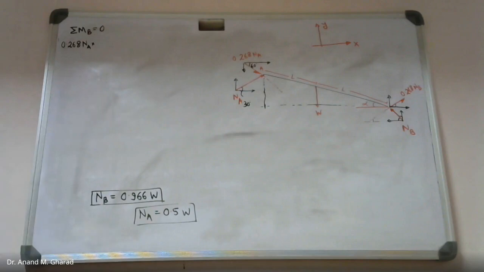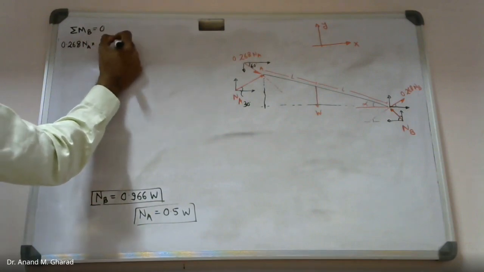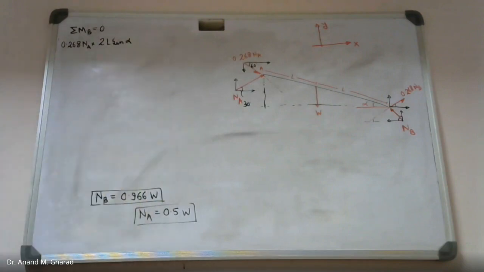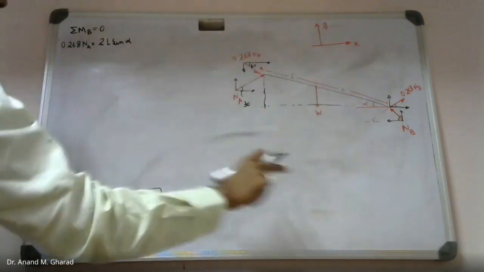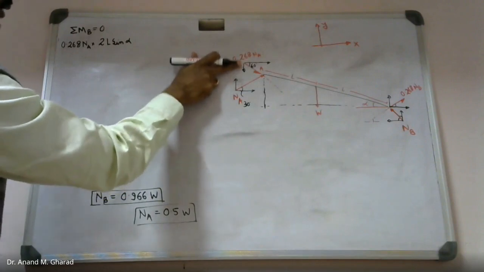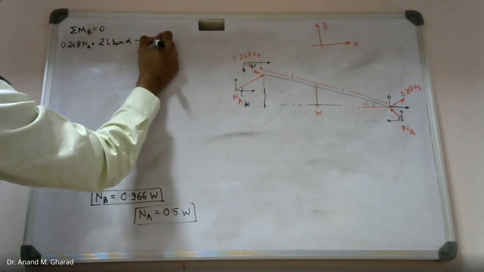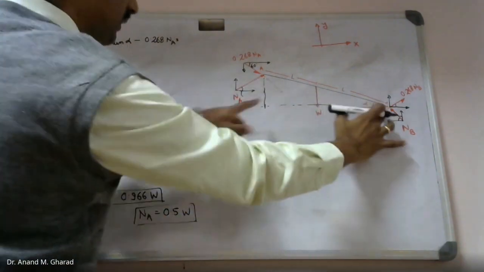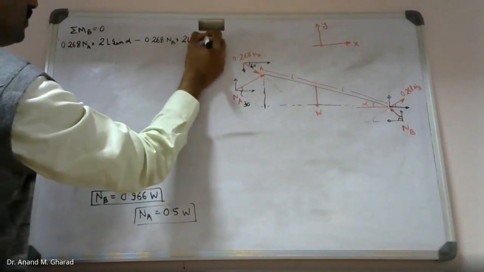What will be the multiplying factor? Will it be 2L sin alpha? Do you agree? Yes, sir. Then it is going to rotate in the clockwise direction. Similarly, this component is going to rotate in the anti-clockwise direction. So straight away minus sign, 0.268 times Na into this perpendicular distance. How much shall it be? 2L times 2L cos alpha.